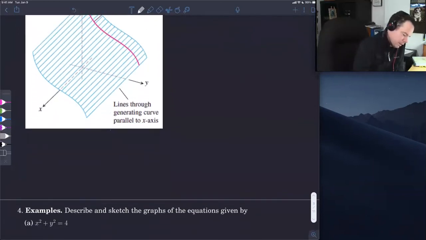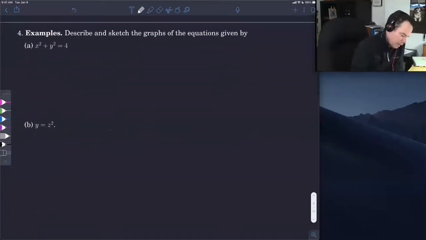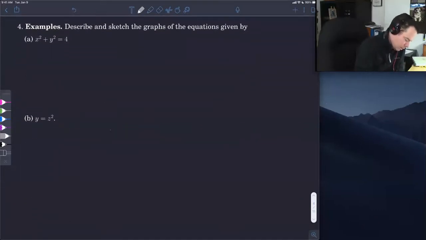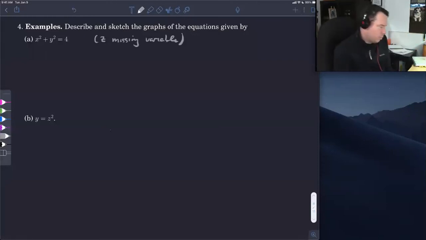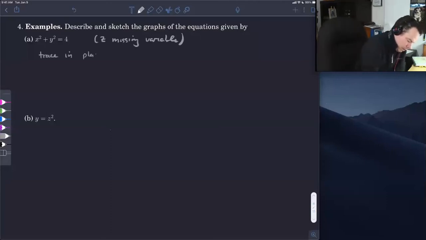We can identify cylinders by having a variable that's missing in our equation of our surface. So here we've got that z is a missing variable. And so what does it mean when z is missing? So the trace in the plane z equals k is always the same.